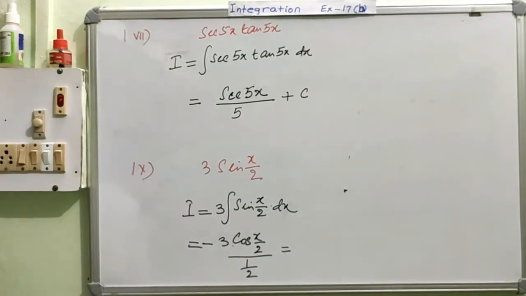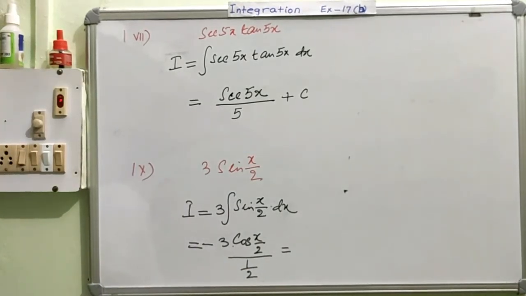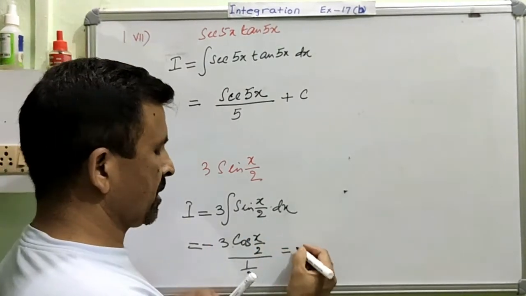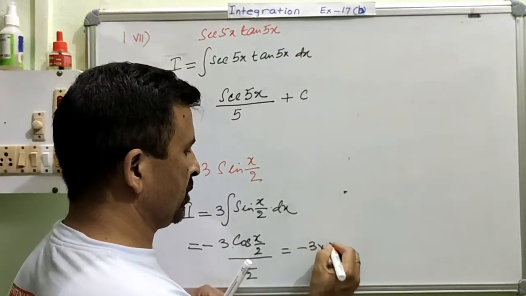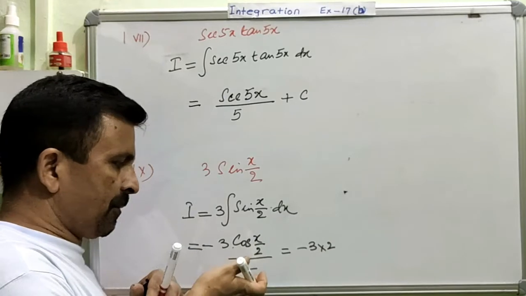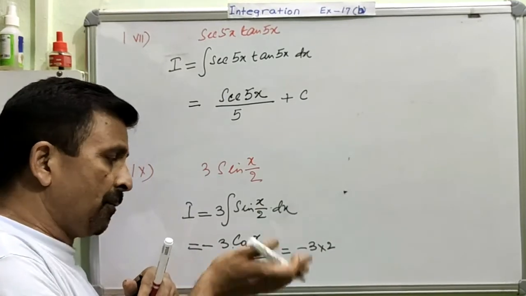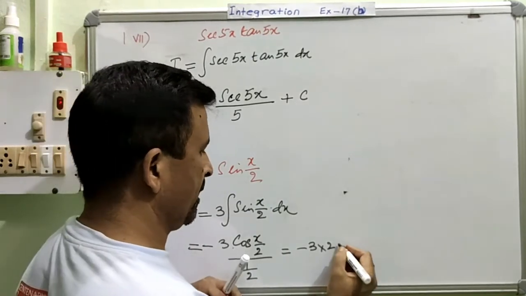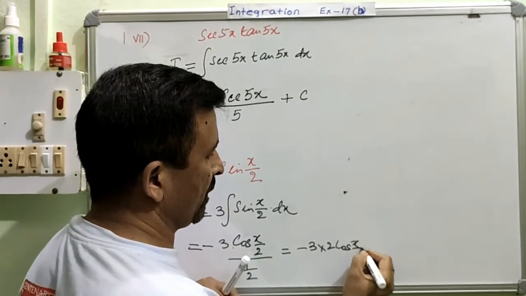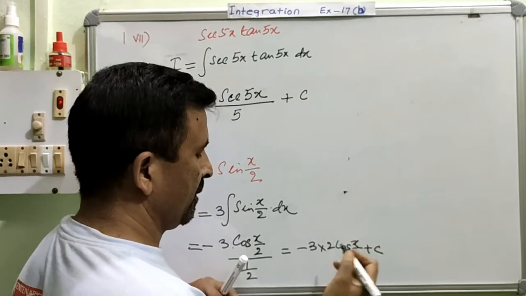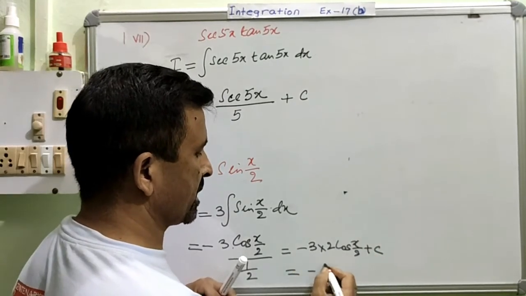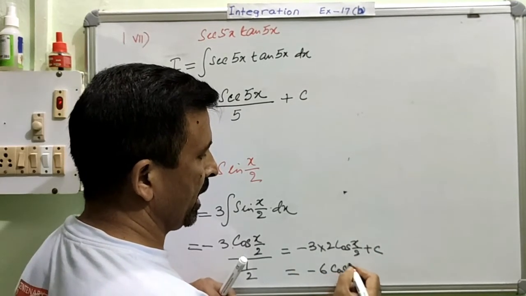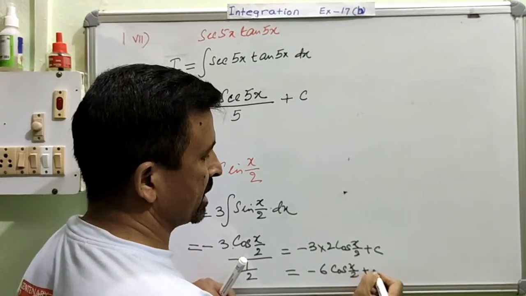So this will become minus 3 into 2, because the reciprocal of 1 over 2 will be 2 over 1. 1 in the denominator we don't write. Then cos of x over 2 plus C. The final answer we have is minus 6 cos x over 2 plus C.